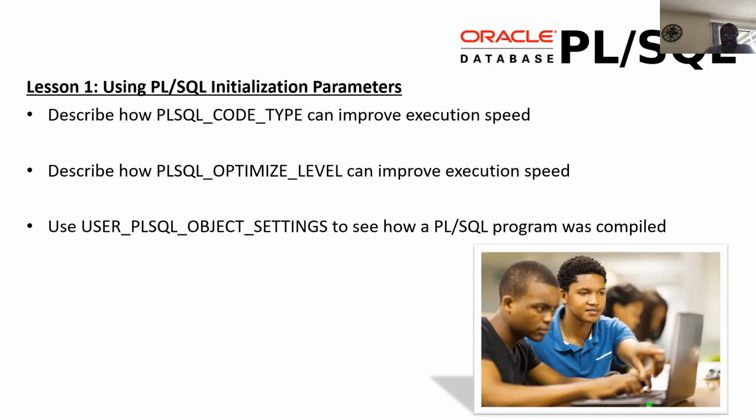Then I'm going to show you how to access the user PL/SQL object settings, if you are interested. Most coders at your level really aren't digging deep into the compiler to see what's actually happening. But if you're interested, we're going to briefly talk about how the code is actually compiled.